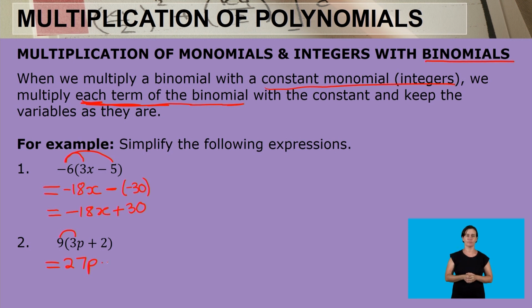Then we are adding in this binomial. So we are going to further multiply the 9 with the 2, because remember, each term in the binomial must multiply with the integer or the monomial that is being multiplied. So 9 multiplied by 2, that is going to give us an 18. So our final answer there is 27p plus 18.